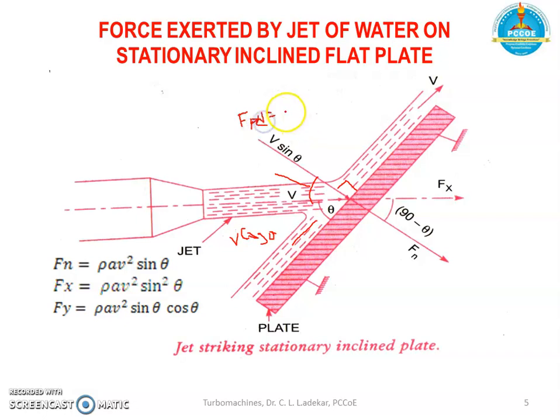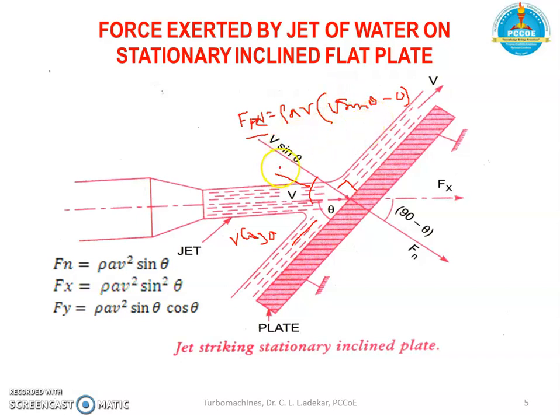Fn is equal to rho a v into the initial velocity v sin theta, minus the final velocity in that direction, 0. So you can write the force in the normal direction as rho a v square sin theta.